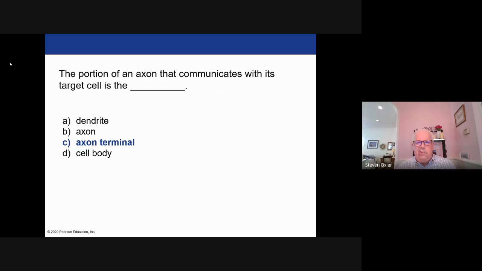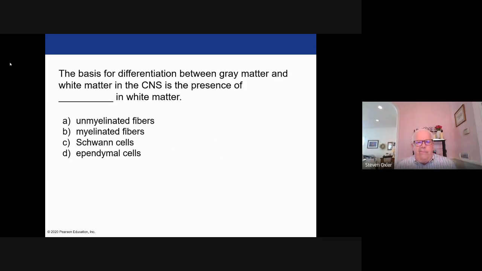It connects to a muscle cell or another neuron. That's the answer to that. All right. The basis for differentiation between gray matter and white matter in the CNS is the presence of blank in white matter.